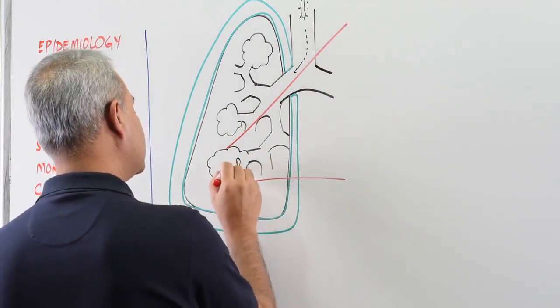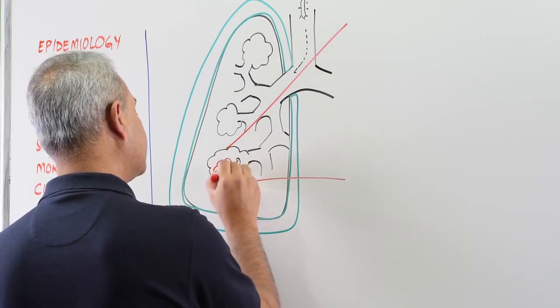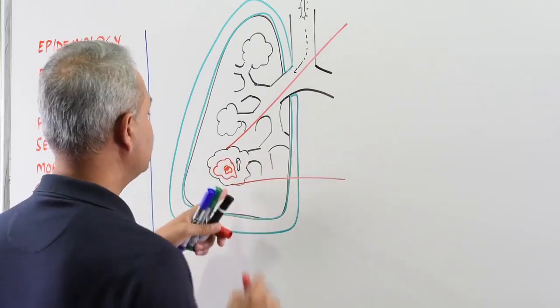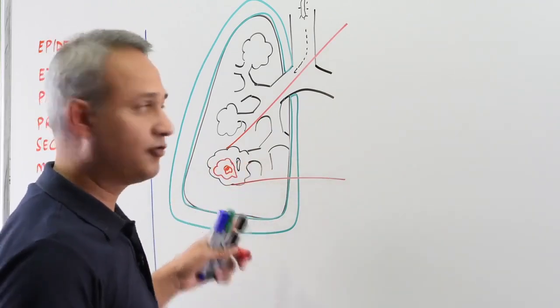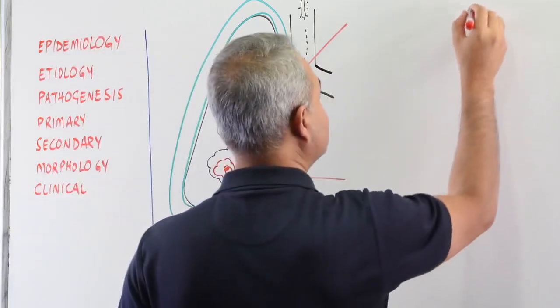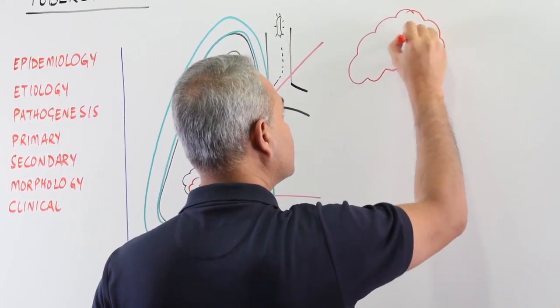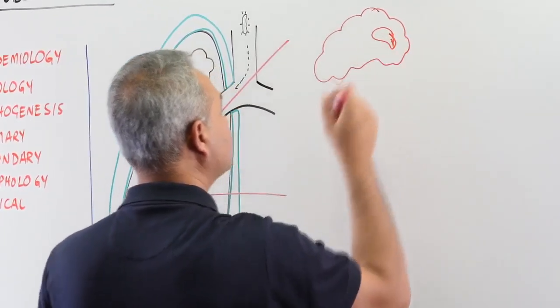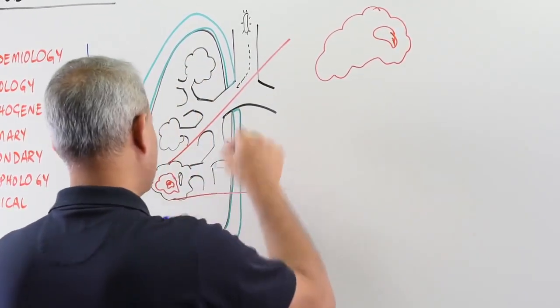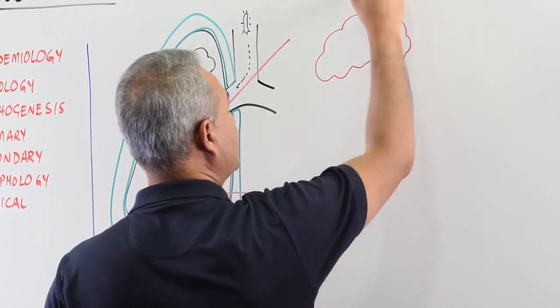In this alveolus is sitting a macrophage as well. So what is this macrophage? This is the alveolar macrophage. This is the nucleus of the macrophage. The macrophage connects with the pathogen in multiple ways.